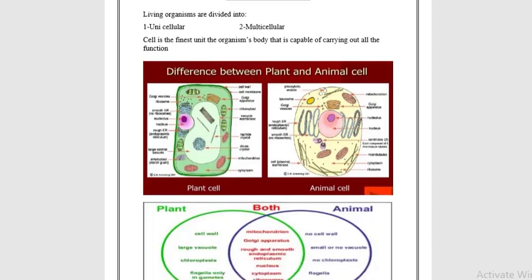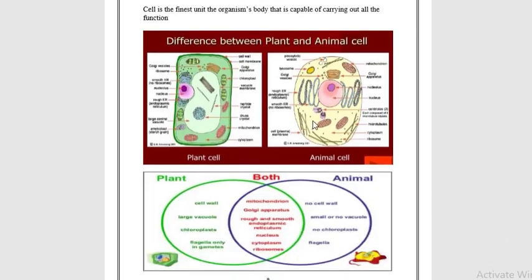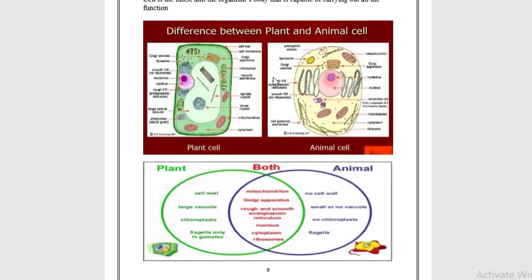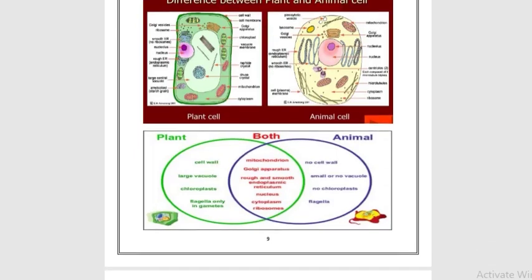A cell may be an animal cell or a plant cell. What's the difference between an animal cell and a plant cell? An animal cell is found inside animals and a plant cell is found inside plants. They are different in shape, as you can see in this diagram, and the second difference between these cells is in organelles.